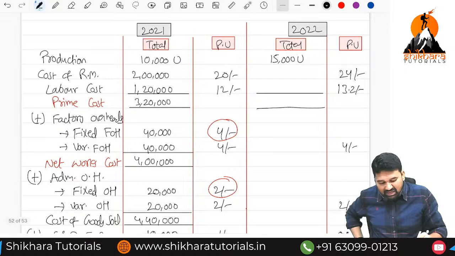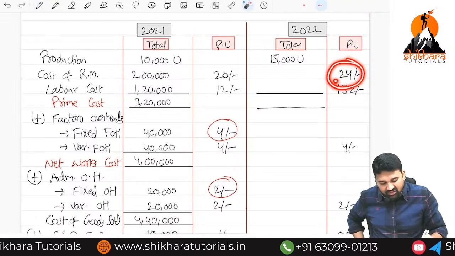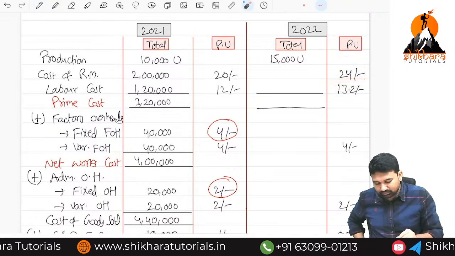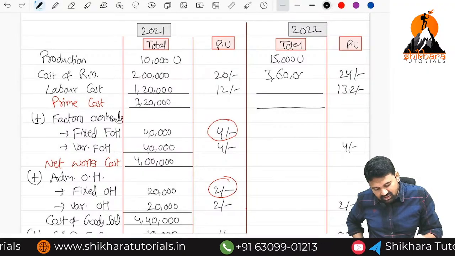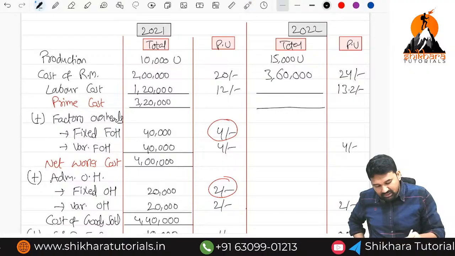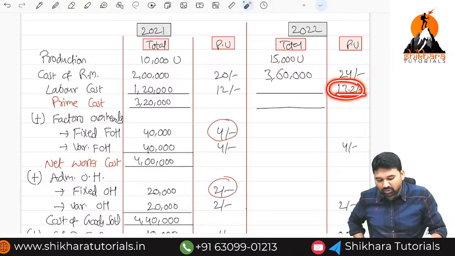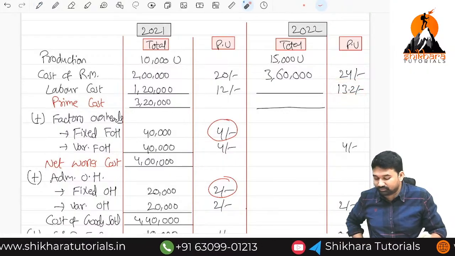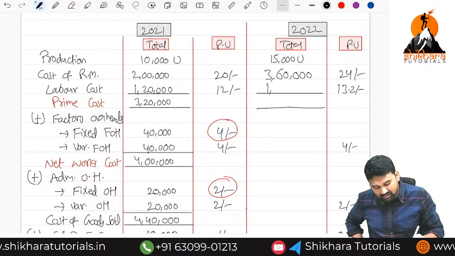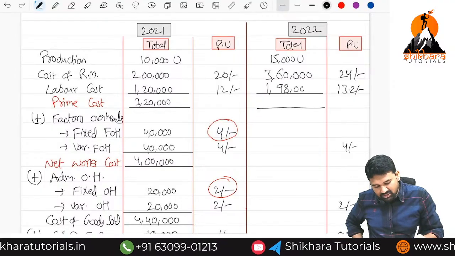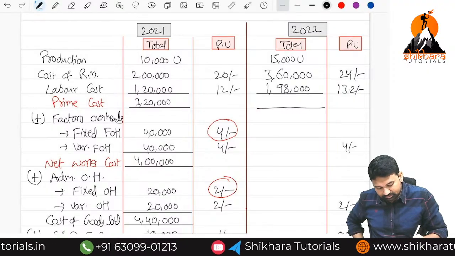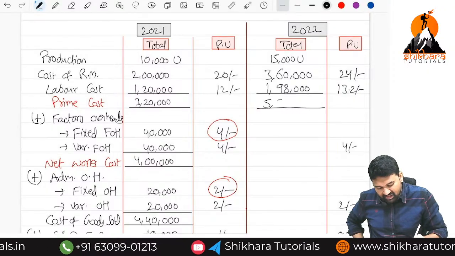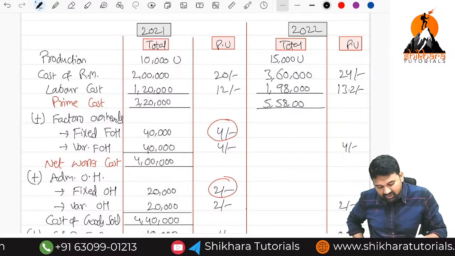Now simply multiply with 15,000. 15,000 into 24, how much? 3,60,000. Very good. Next, 13.2 into 15,000, how much? 1,98,000. The total is 5,58,000.